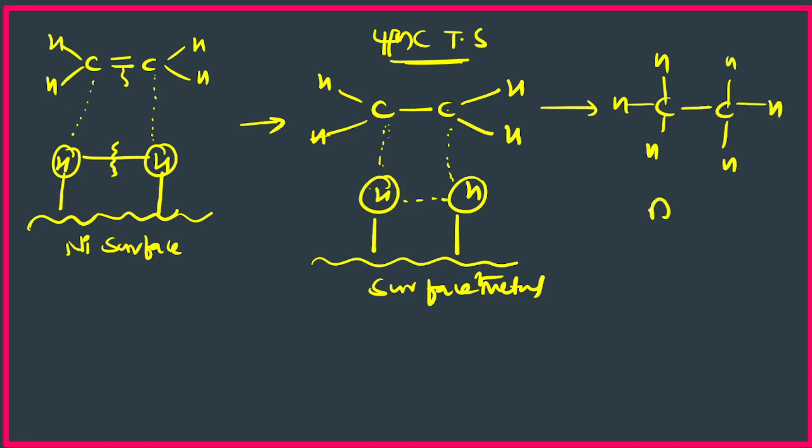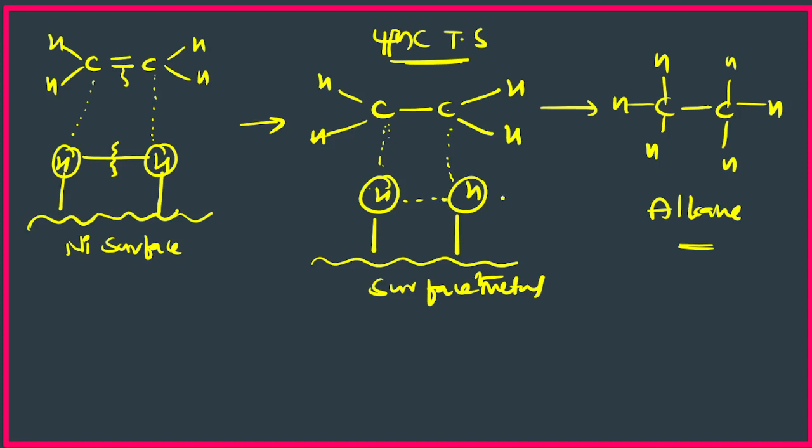This is the alkane. This is the mechanism of hydrogenation of alkenes with nickel metal.